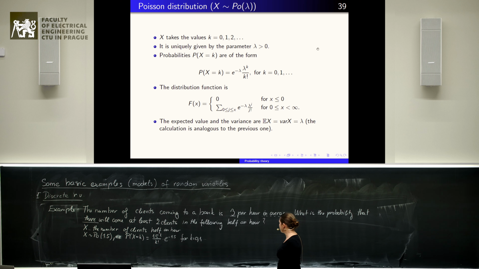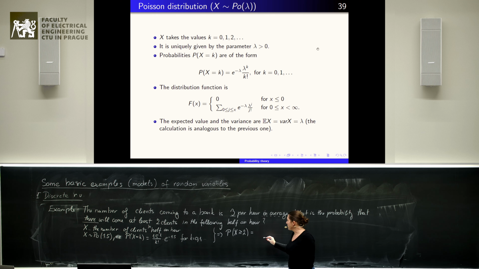And we ask, what is the probability that at least 2 clients will come? So it means that the number of clients in the following half an hour is at least 2, greater or equal to 2.